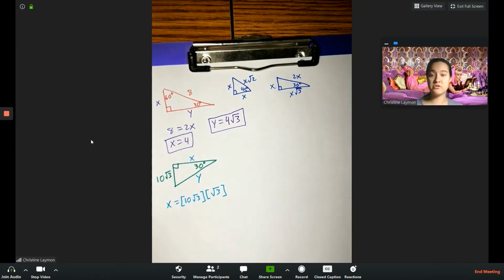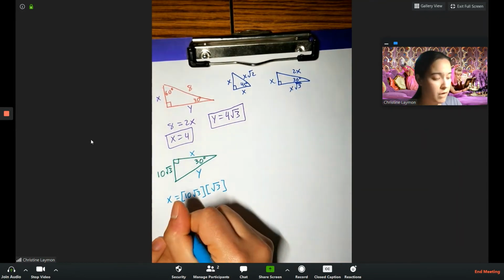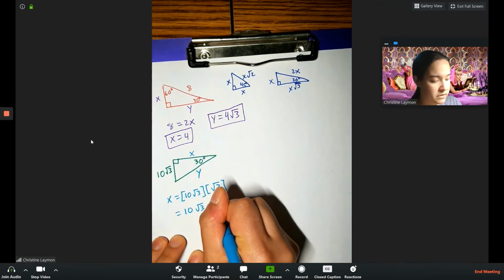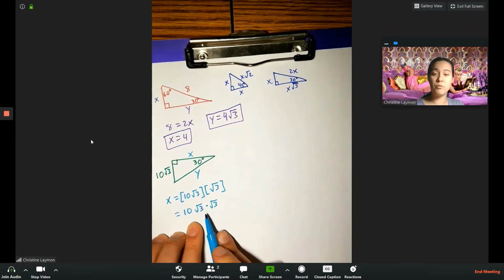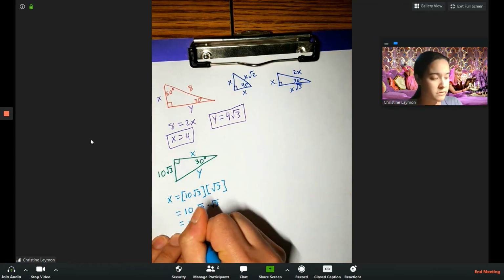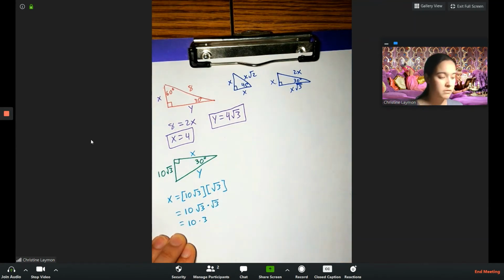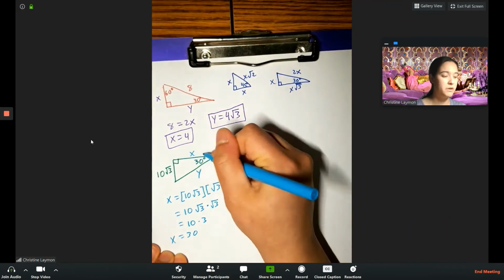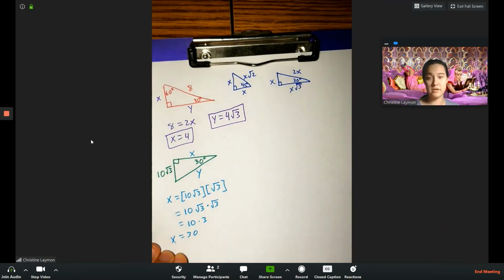And I'm just showing that so you can see the two things are separate. If that's too confusing, it's okay. I'm going to rewrite it like this. 10 square root of 3 times the square root of 3. And remember, when I have radical times exact same radical, that just becomes 10 times 3. So I now have 30. x equals 30. So this medium side up here is 30.